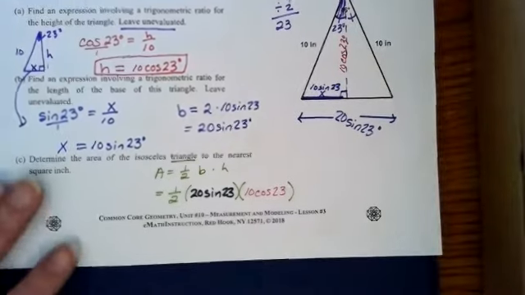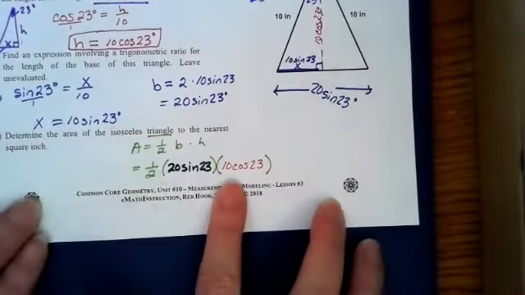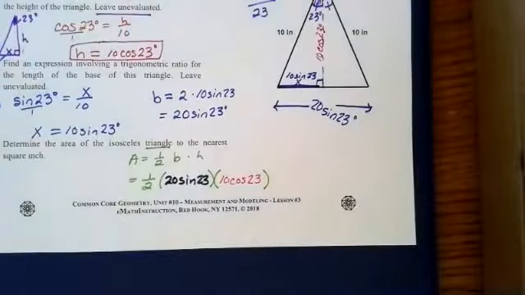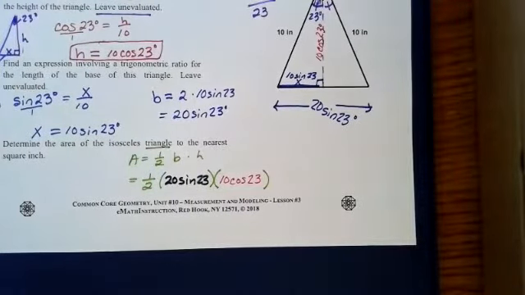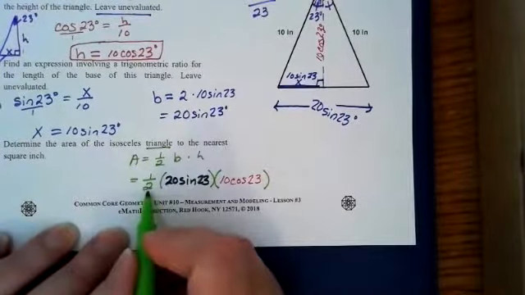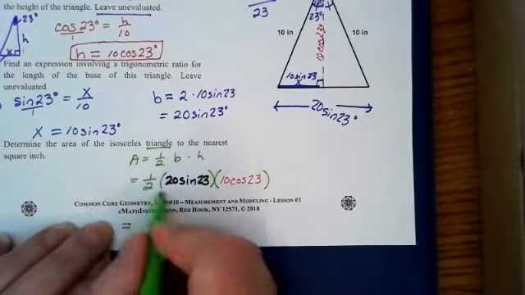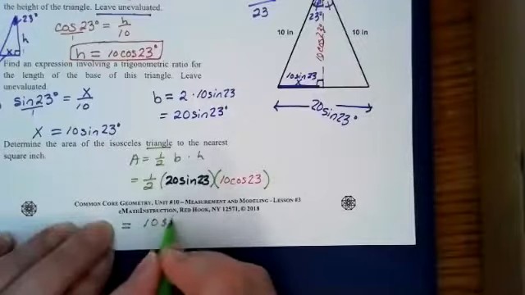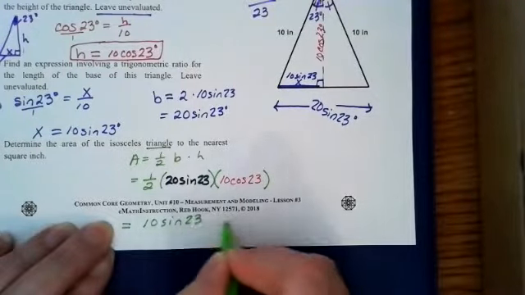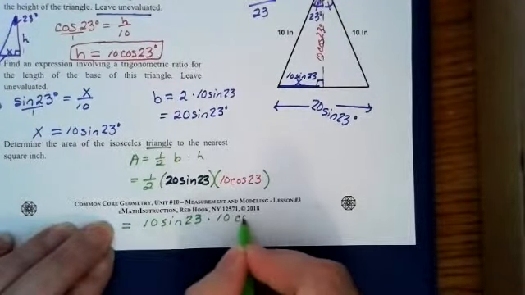All right. So you can put that into your calculator. If you want to do a little bit of simplifying before it goes in the calculator, that is also an option. For example, we can take half of 20 if we'd like to. We can call half of 20 10 with the sine of 23 times 10 times the cosine of 23.